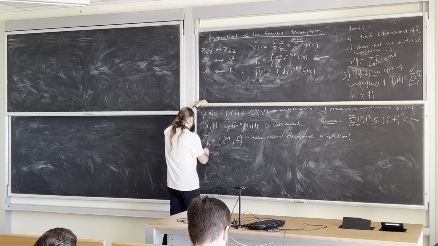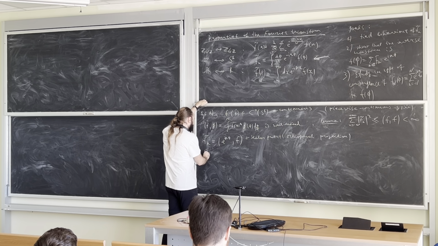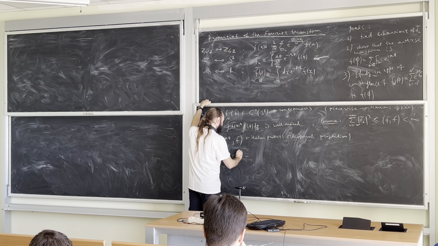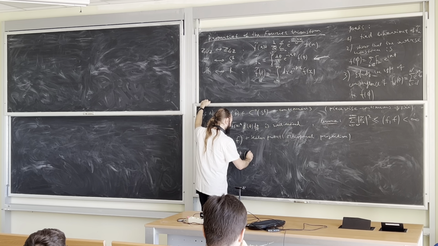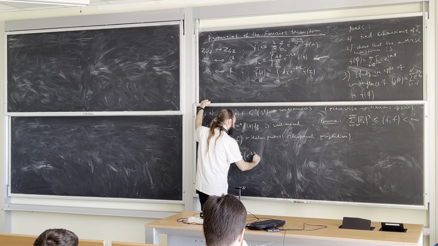So if you write it this way, f_n of phi is equal to a sum of e to the i n phi, times the scalar product of e to the i n phi with f.